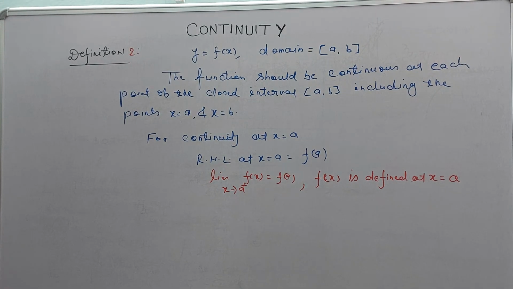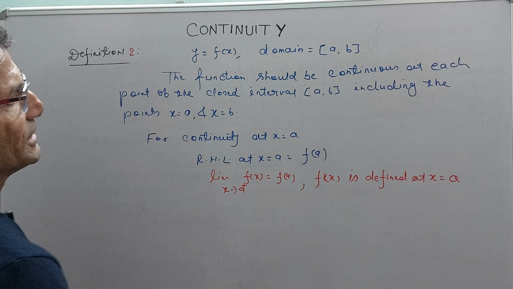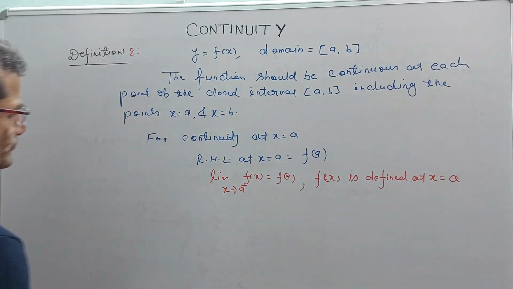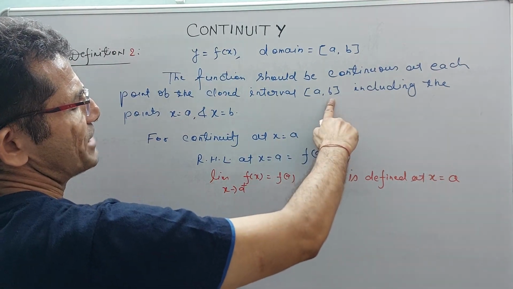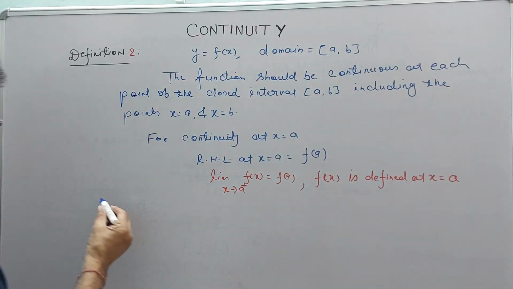Second case: if I find the limit at the point b, now at the point b we take only the left hand limit.